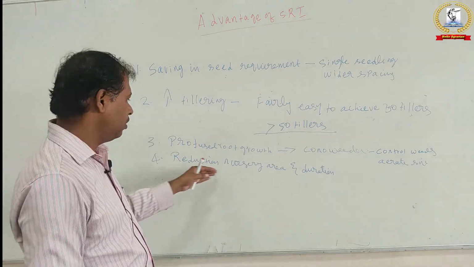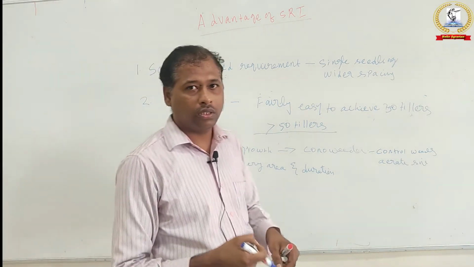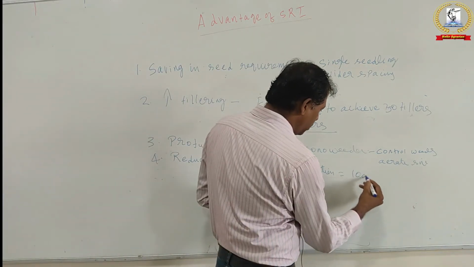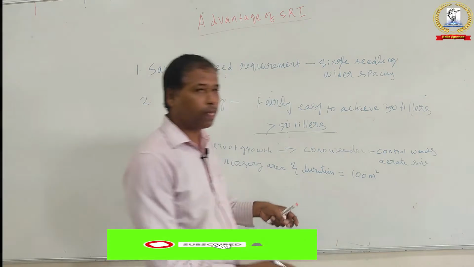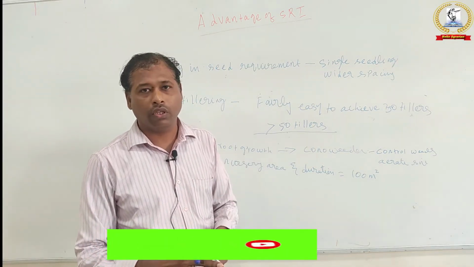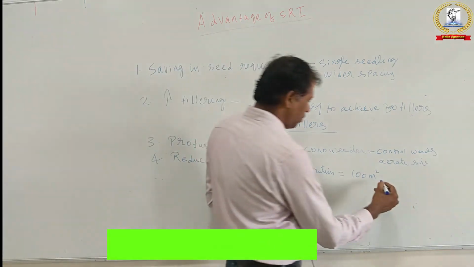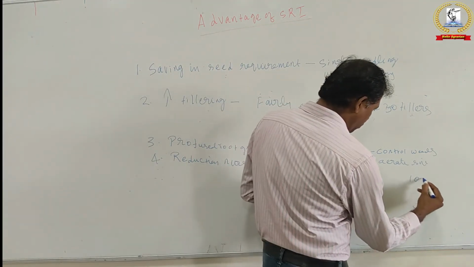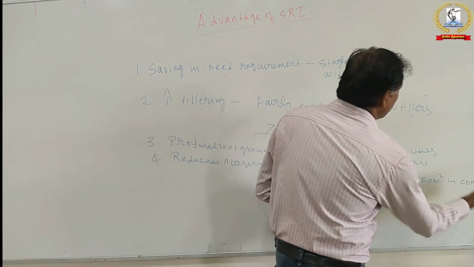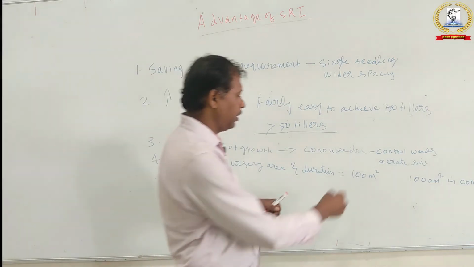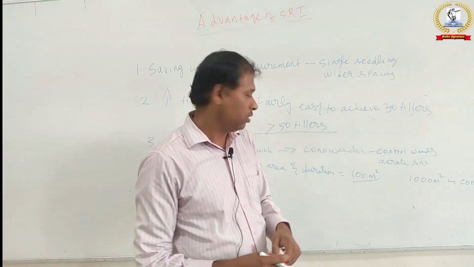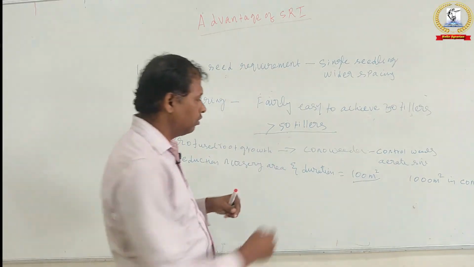In SRI, for the nursery area we require just 100 square meters, whereas in conventional method the nursery area required is about 1000 square meters.